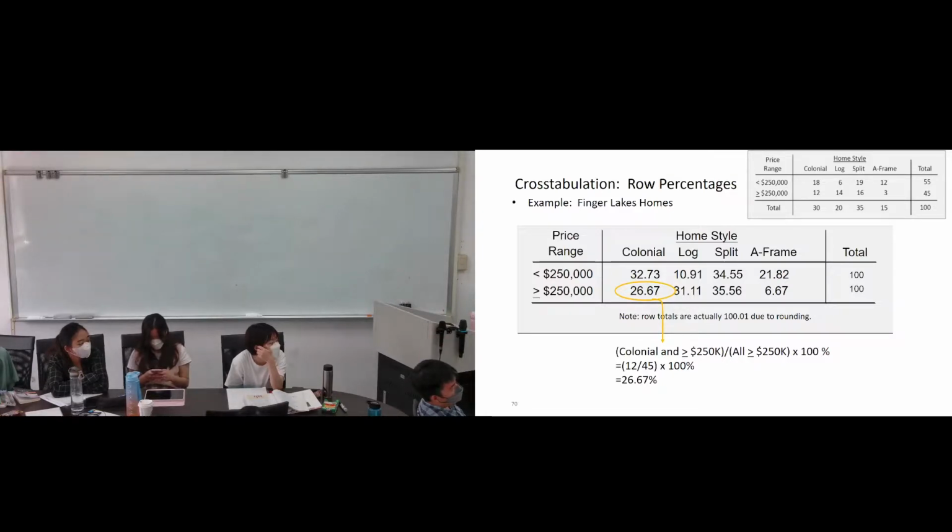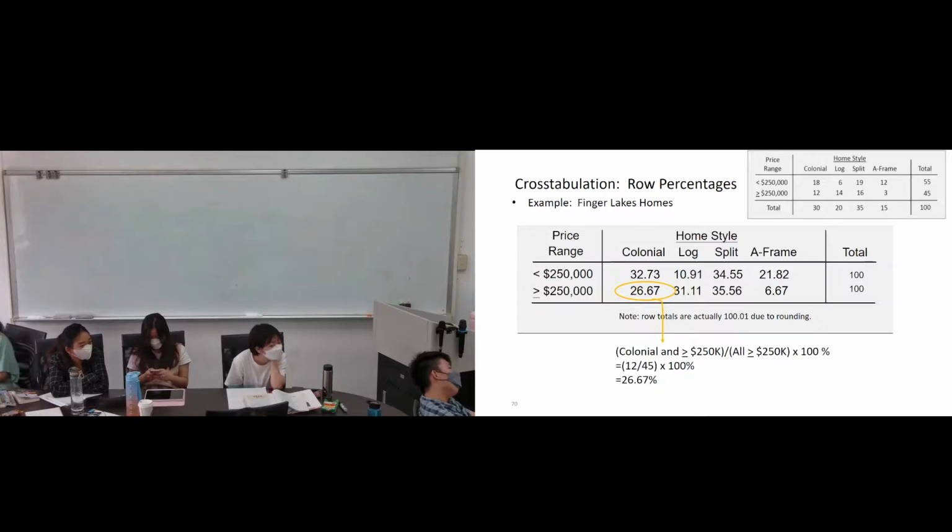How do we interpret 26.67% here? What does that mean? After we divide 12 by 45, that's 26.67%.